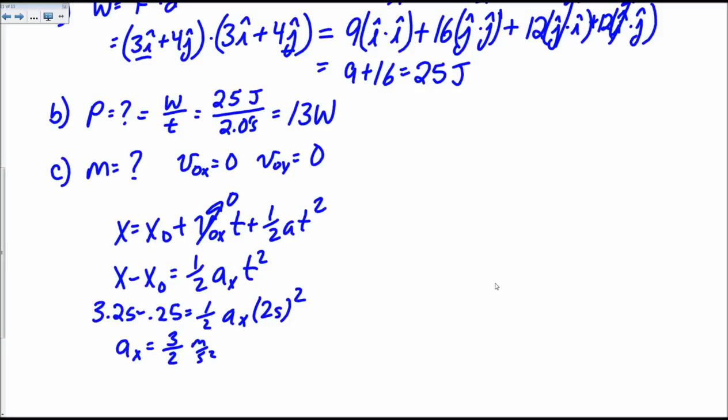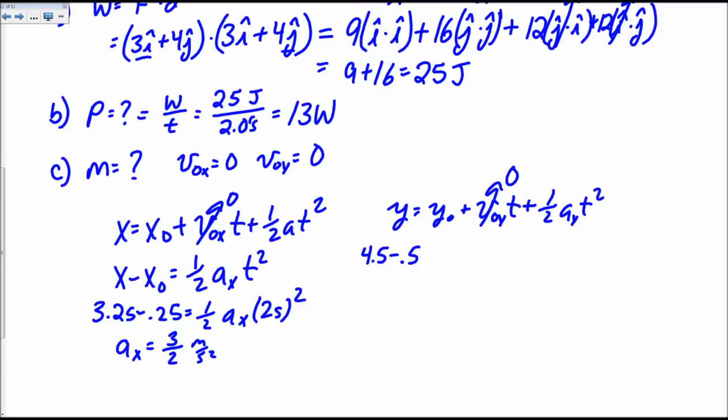Now I also want to find the y acceleration, so I'm going to do a similar thing. Y equals y naught plus v naught y t plus 1/2 ay t squared. This goes to 0 just like it did before. I get 4.5 minus 0.5, my initial and final positions, equals 1/2 ay times 2 seconds squared.